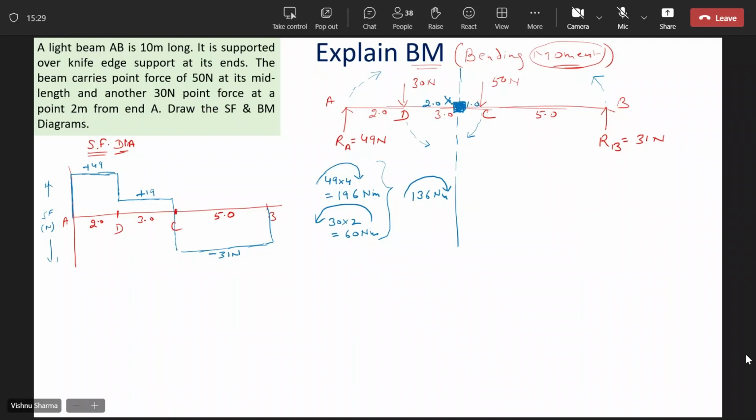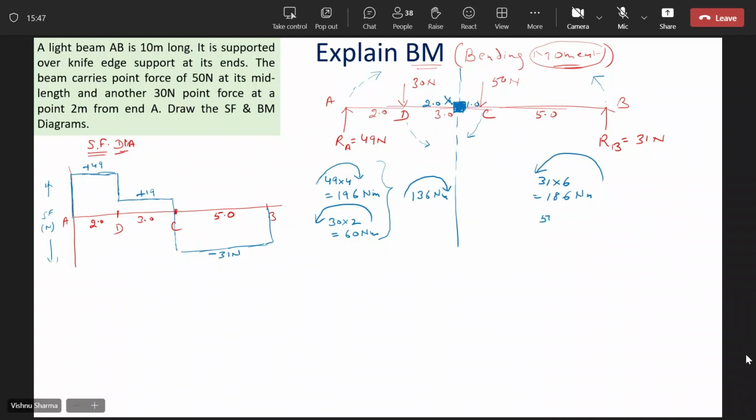There are two forces to the right of it. One is 31 newtons, which is causing anti-clockwise, and that will be 31 into 6 equal to 186 Newton meter. And this is anti-clockwise. We have already discussed this.